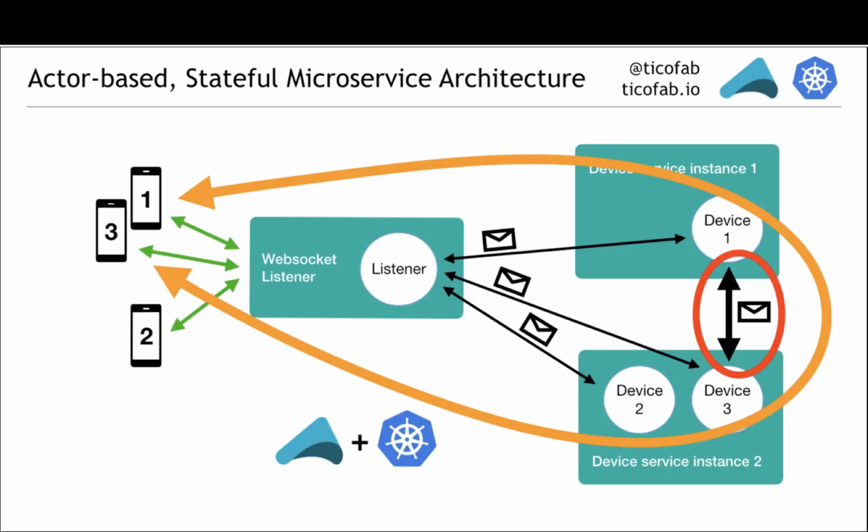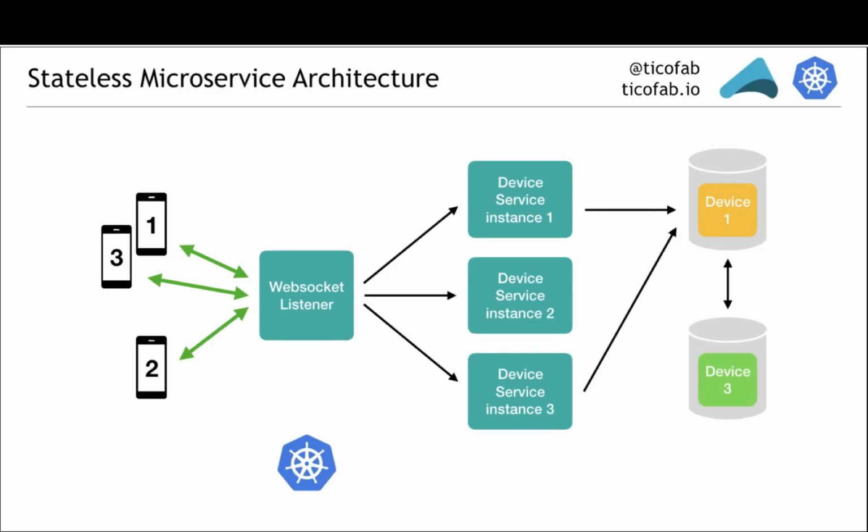Really powerful. In fact, we tried to do this with the classic Kubernetes approach, which is stateless microservices. And we tried to implement this. Typically, most people using Kubernetes are not aware of tools to build stateful microservices. And so the de facto standard is pushing state down to a distributed database.